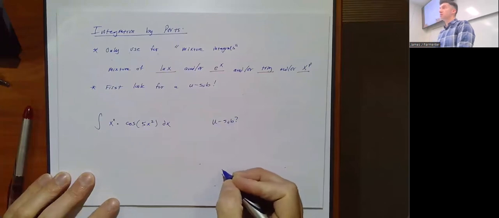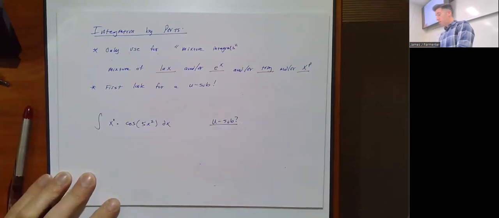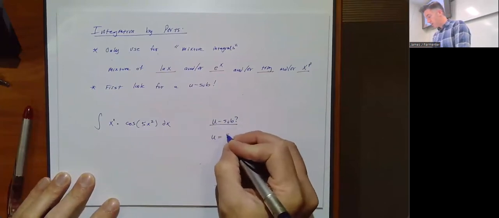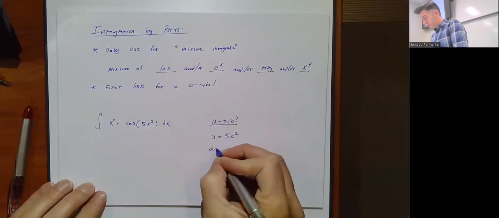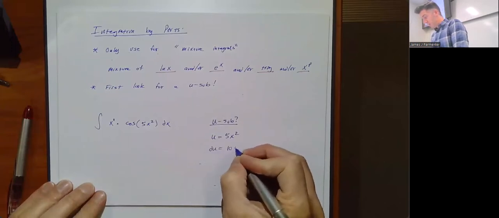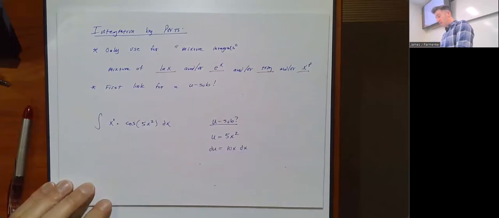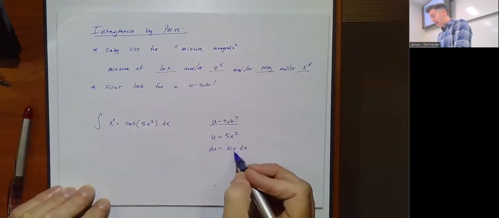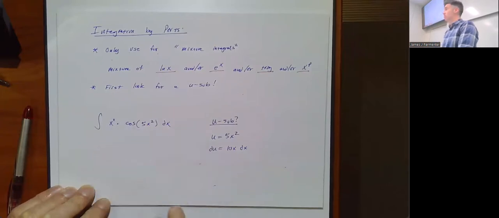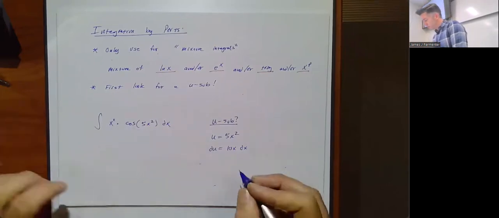Yes, we can try letting u equal 5x squared. Then the derivative is 10x dx, and that works out because I have an x there that will match up with that x. It's going to work.